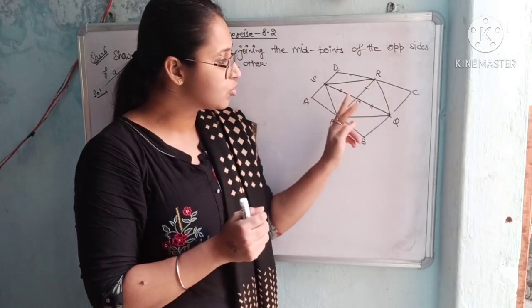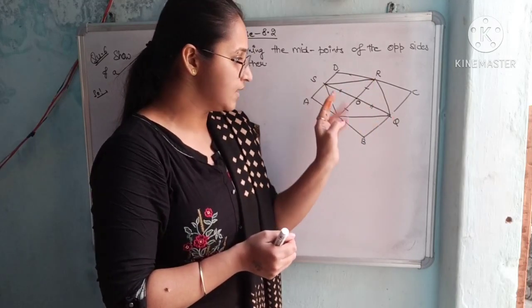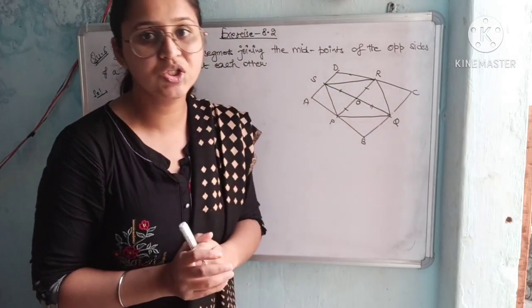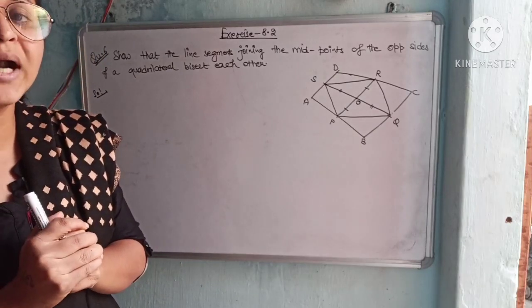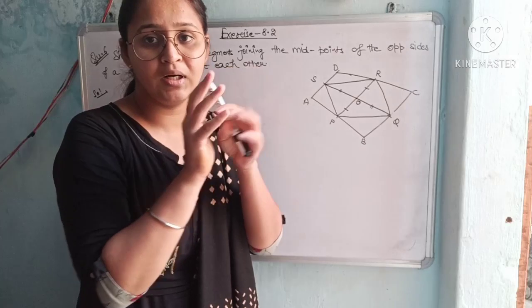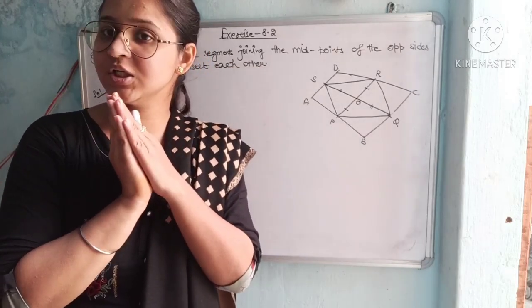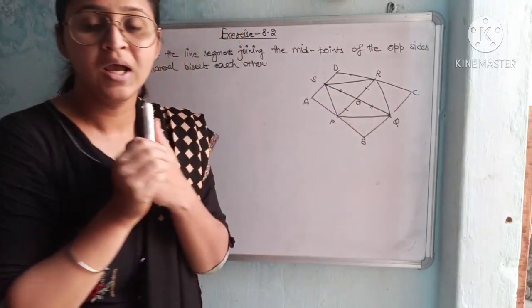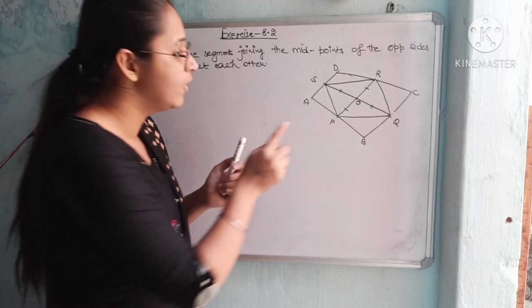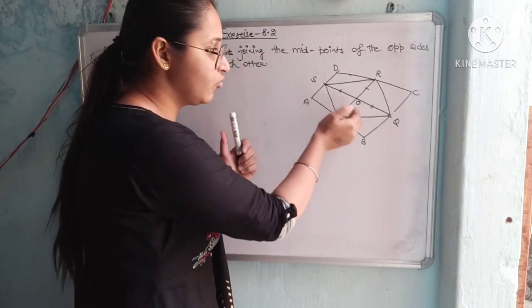It means we have to show that the diagonals of quadrilateral PQRS bisect each other. And I think you have recalled the theorem that if there is a parallelogram, then the diagonals of a parallelogram bisect each other. It means for proving that they bisect each other, if I am able to prove that PQRS is a parallelogram, then we are done with our proof.